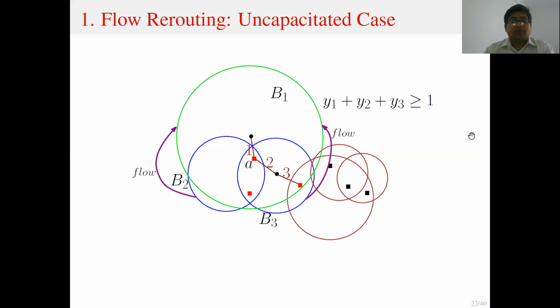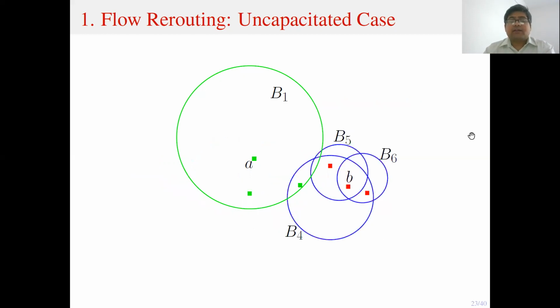And note that for the point A, the sum of yi values of B1, B2, B3 must be at least 1. Hence, the fractional optimal was paying a cost of at least 1 to serve these points. And as I have opened exactly one ball, I pay a cost of exactly 1. So I do as good as the optimal solution. Then I repeat this process.